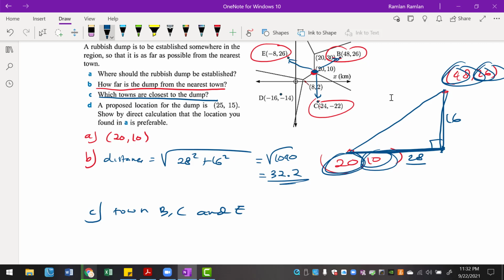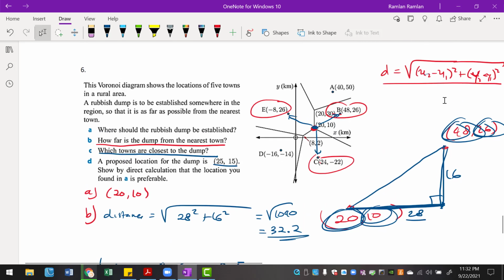Okay, so last question. A proposed location for the dump is 25,15. Show by direct calculation that the location you found in A is preferable. Okay, let's see from the image here.